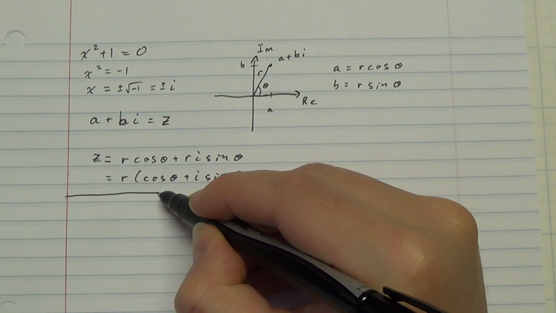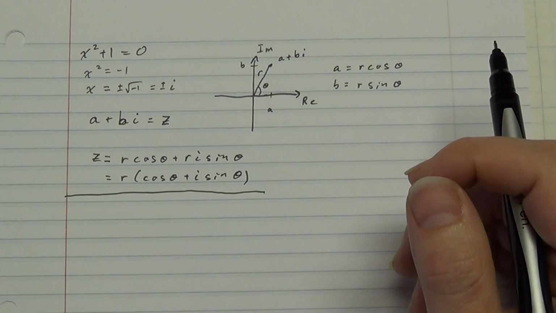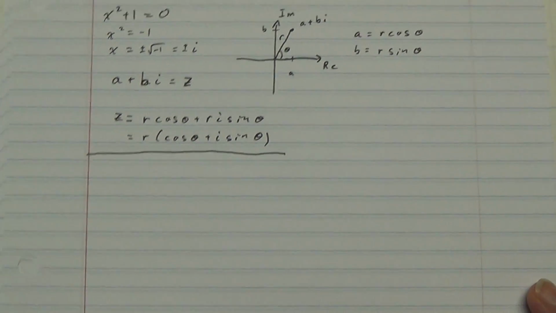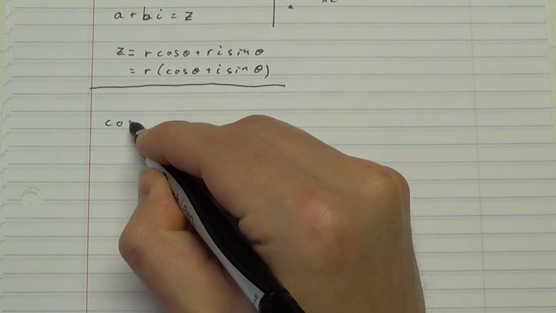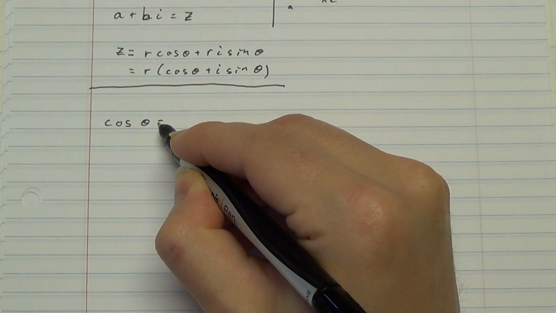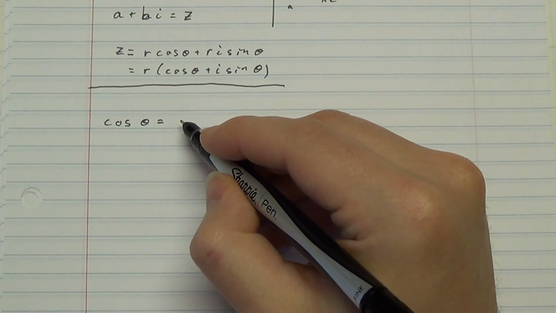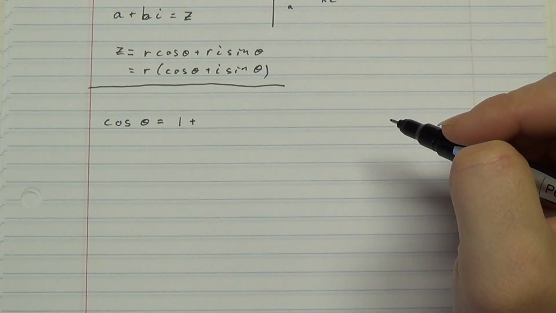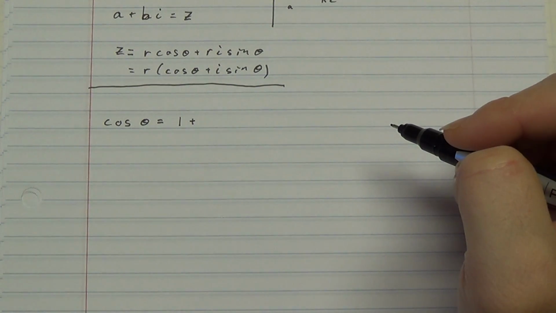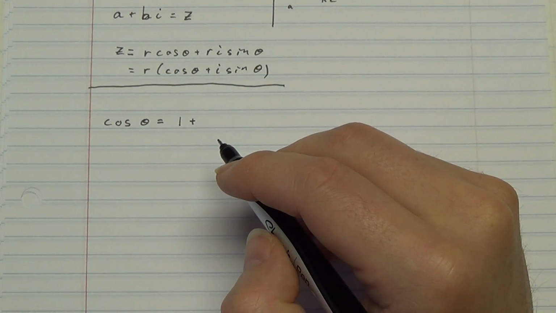Now, I'm going to digress for a bit and just take a look at this piece of it. And to do that, I'm going to use what's called the Maclaurin series. The cosine of theta is the same in a region around 0 as its own value at 0. So the cosine of 0 is 1, plus the value of its first derivative. Derivative of cosine is negative sine at 0.